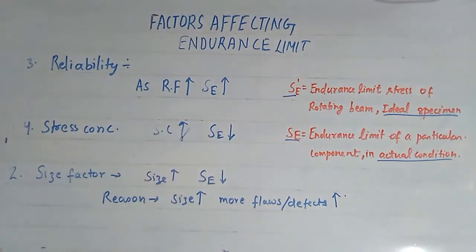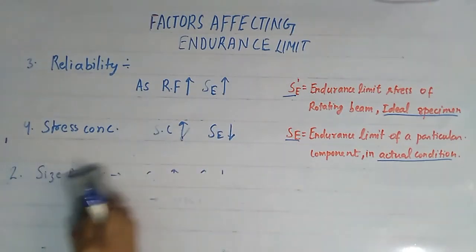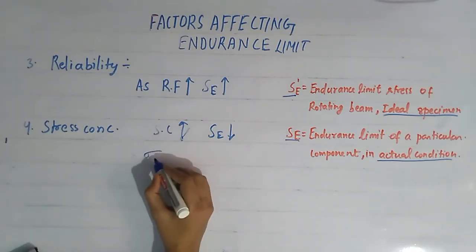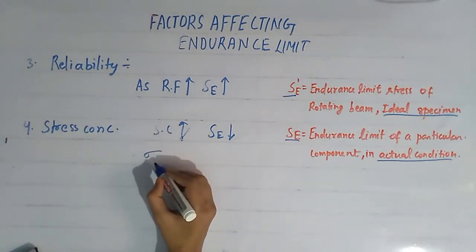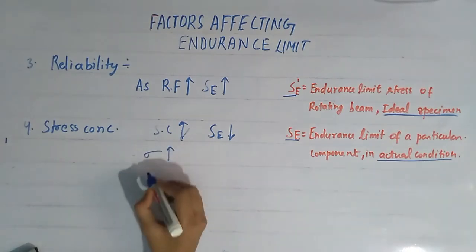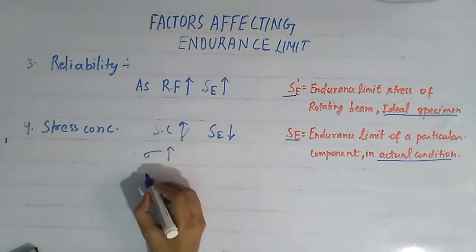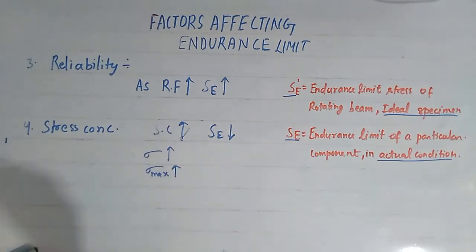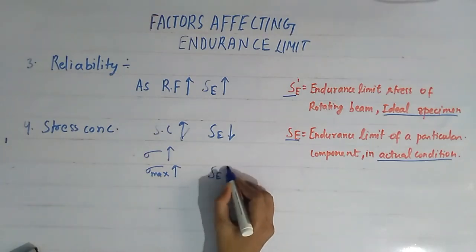It is very obvious that when the stress concentration increases, then sigma, that is the stress near the discontinuity, will increase. So sigma max near the discontinuity will also increase. Hence, when the stress becomes higher, the material will tend to fail. So the endurance limit of the component will decrease, obviously.